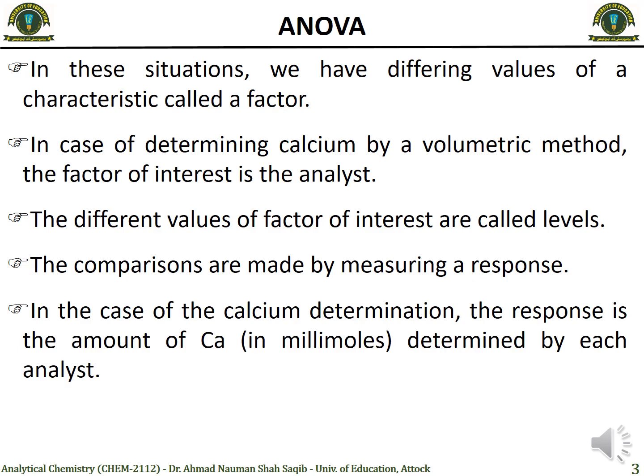In the second example, the synthesis yield is the response. And when we measure fluorescence intensity at different pH, pH is the factor, different pH values are the levels, and the fluorescence intensity is the response. So these are the 3 really important components of ANOVA.